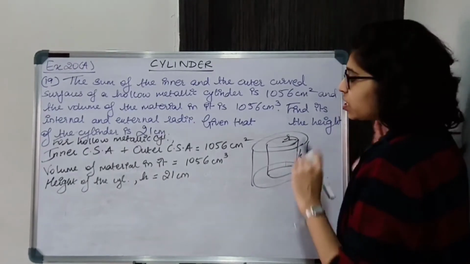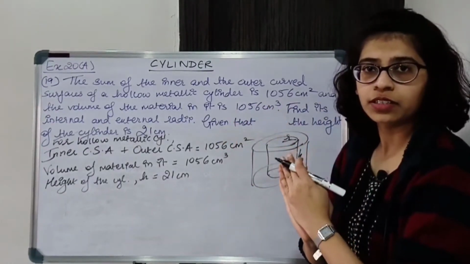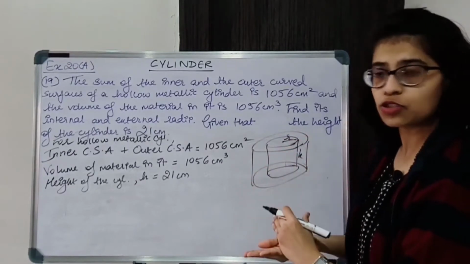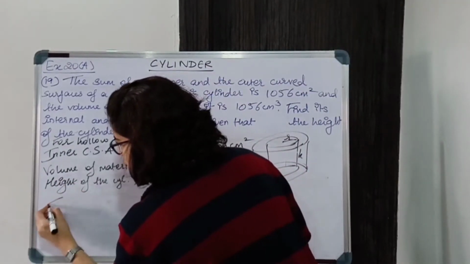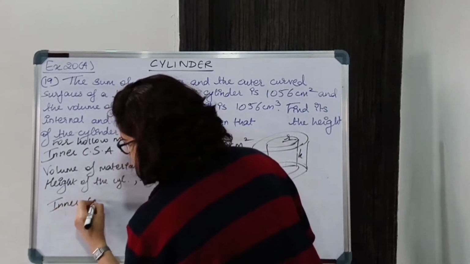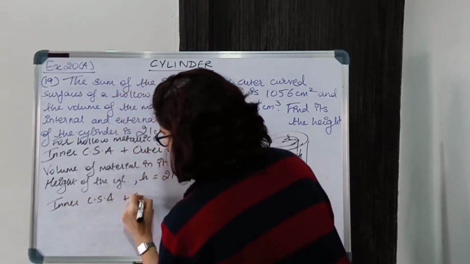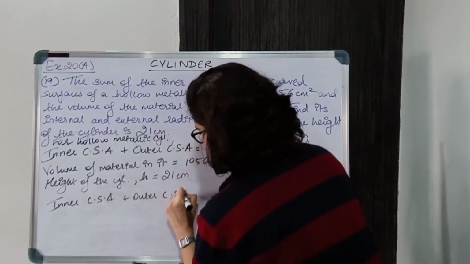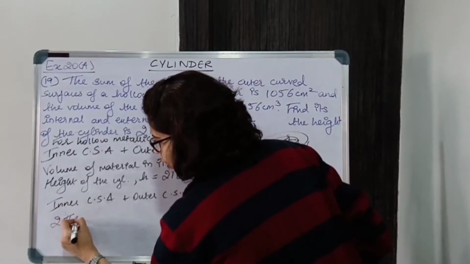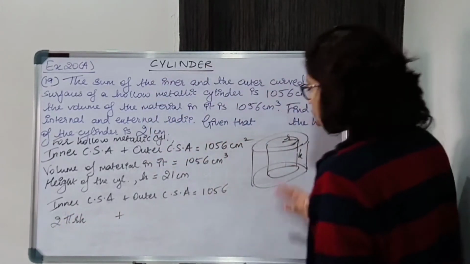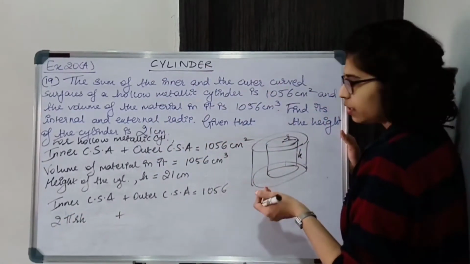So what is the curved surface area of the cylinder? Curved surface area will be 2 pi rh. So 2 pi small r into h. So inner CSA plus outer CSA is 1056. So inner CSA is 2 pi small r into h plus outer CSA. Outer radius is what? It is capital R.